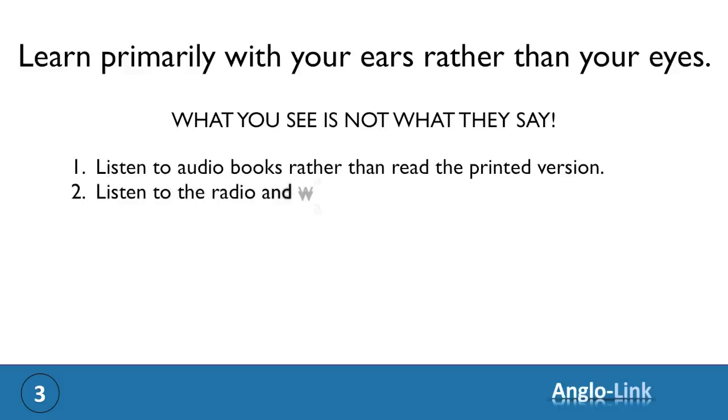Listen to the radio and watch programs and films in English as much as possible. Even if at first you understand very little, this is a great exercise to tune your ears into the sounds, rhythm, and the music of the language. You will be surprised how quickly you will start to hear and understand more and more.